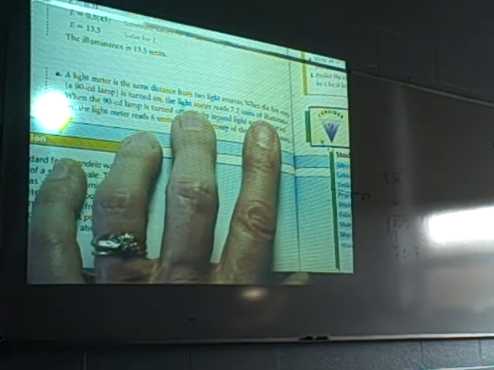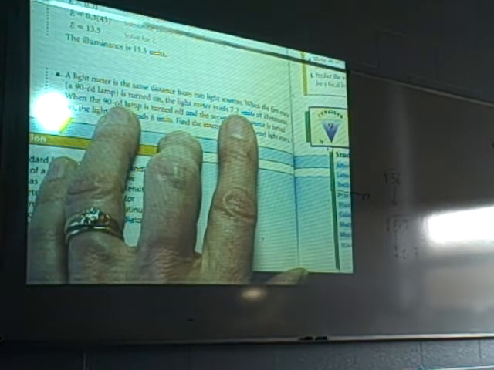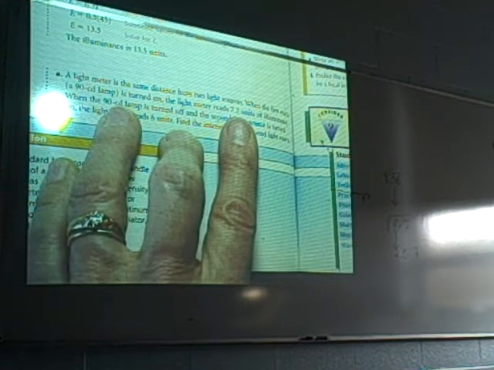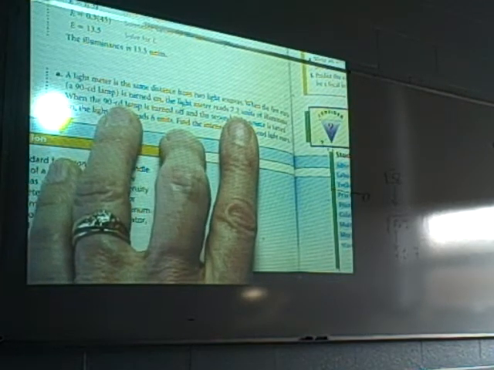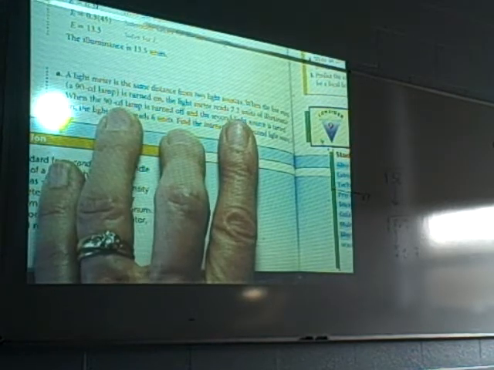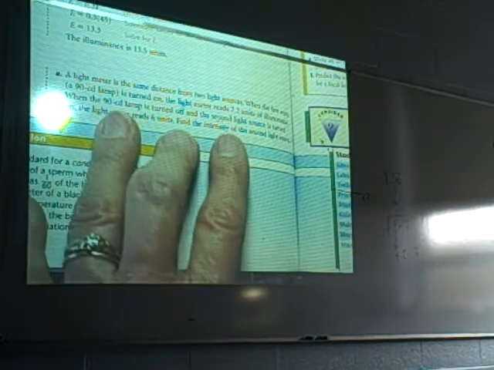Okay, so do we know what the constant is? No. Okay, can we solve for the constant? Yes. Okay, so could you write an equation right now so that you have that information in front of you? Y equals what?